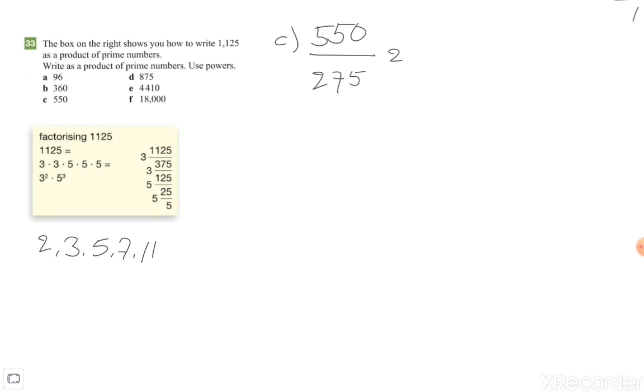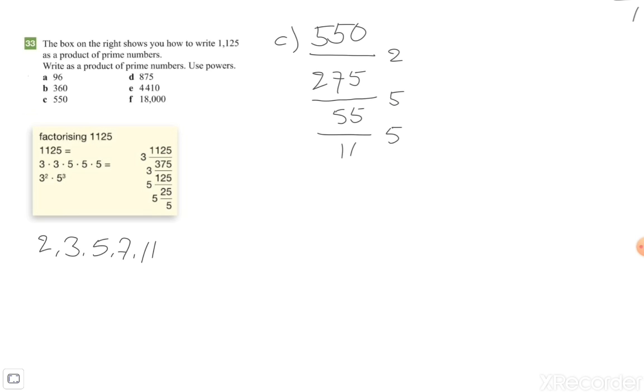We can't divide it with 2 anymore, and we even can't divide it by 3. So we go on by dividing with 5. And if I divide by 5, you get 55. Now 55, divide that one by 5 again, so that's 11.